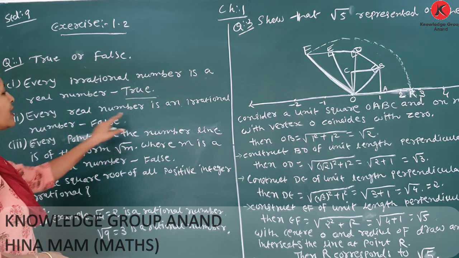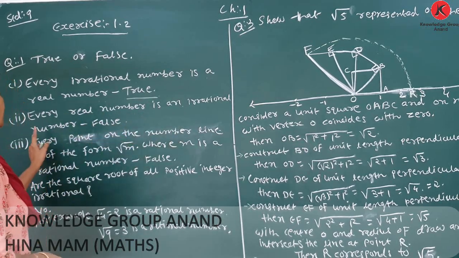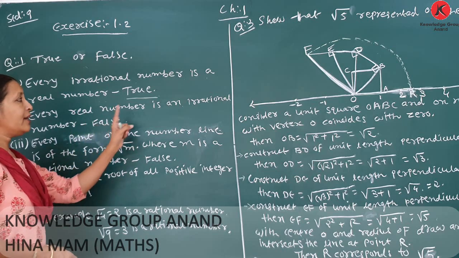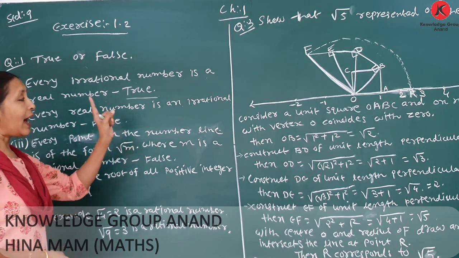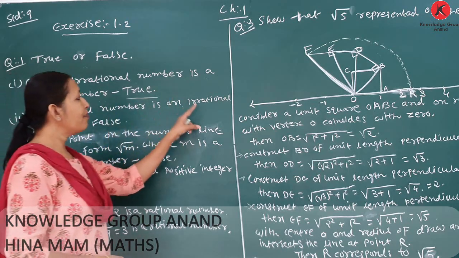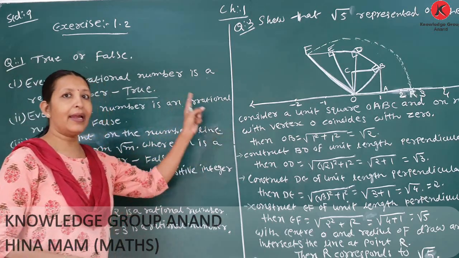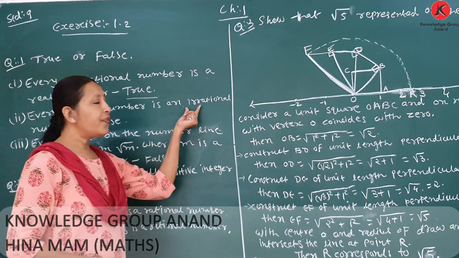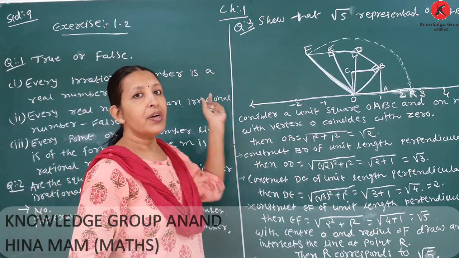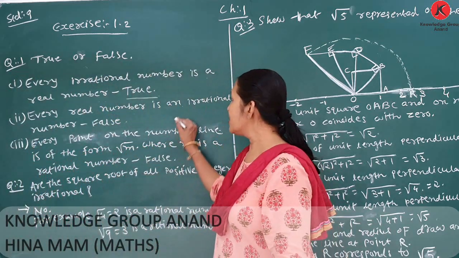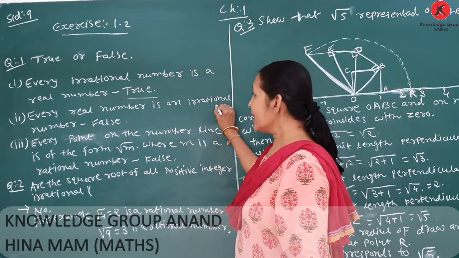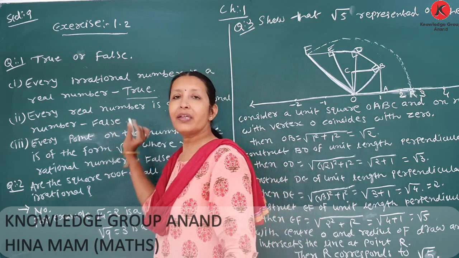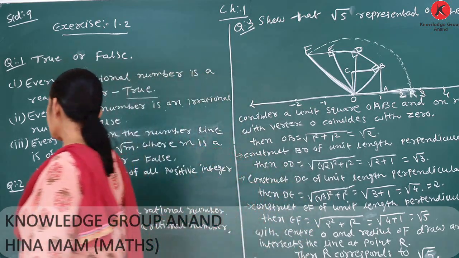But root 4 is equal to 2, and root 25 is equal to 5, which are rational numbers. Therefore, a real number is not always an irrational number. This statement is false.